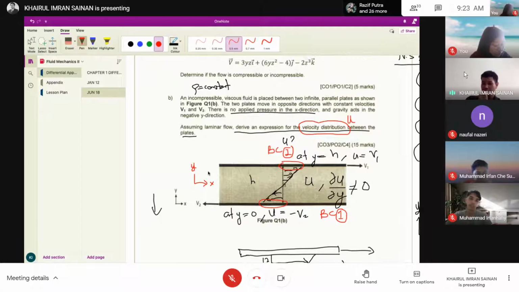So at y equals what? Yes, correct: at y equals negative h over 2, because y is positioned at the center, and u still equals negative v2. For boundary condition number 2, with the axis at the center, at y equals positive h over 2, and u is still the same, v1.